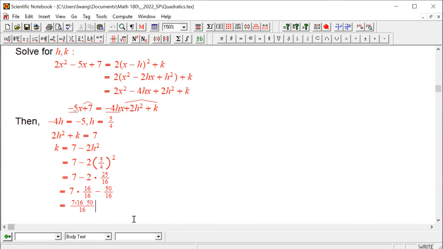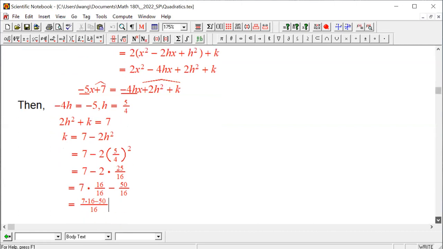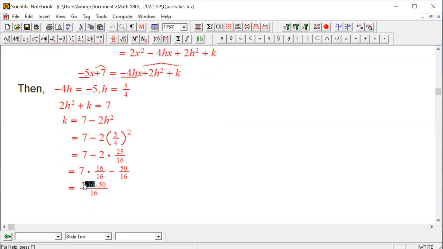Let me make the fonts a little bit larger so you can see the subtraction sign. 7 times 16 minus 50, so we can calculate that number on the side. Get 62. So in the end, we get 62/16.